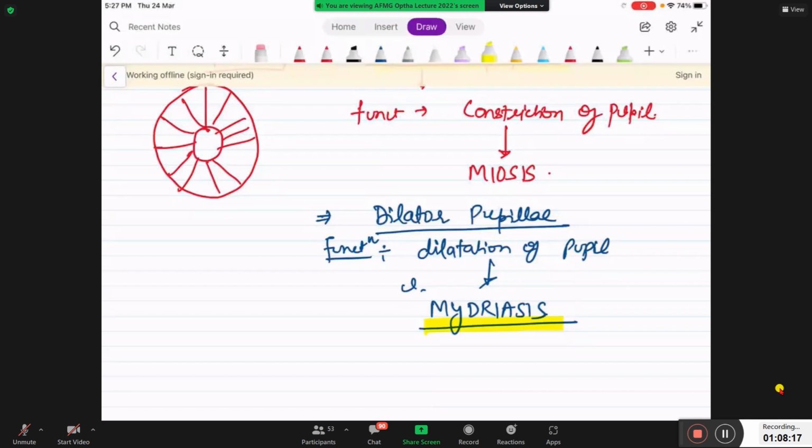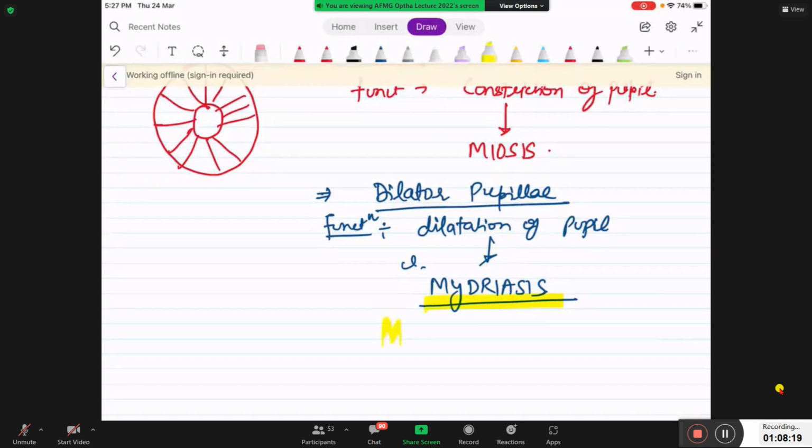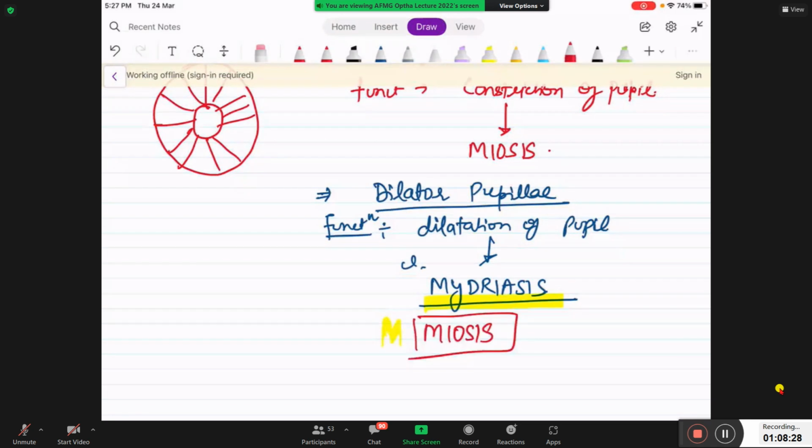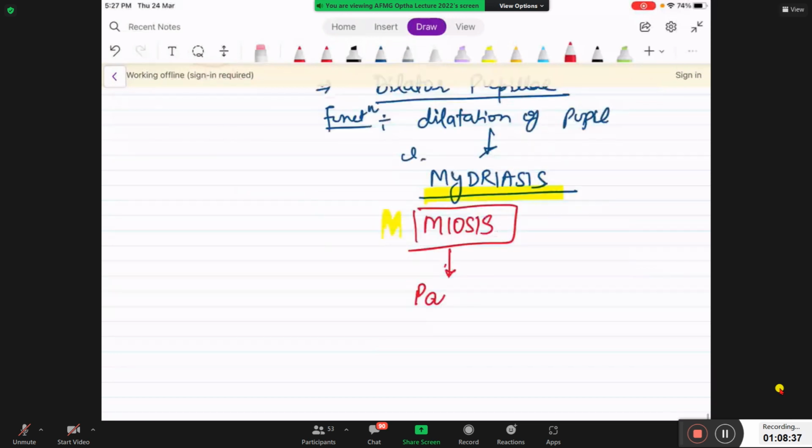Meiosis of the pupil is regulated by the parasympathetic nervous system. Remember, the parasympathetic nervous system will decrease your tone. It will decrease your pupil size. So meiosis, remember, the size of the pupil is decreasing.